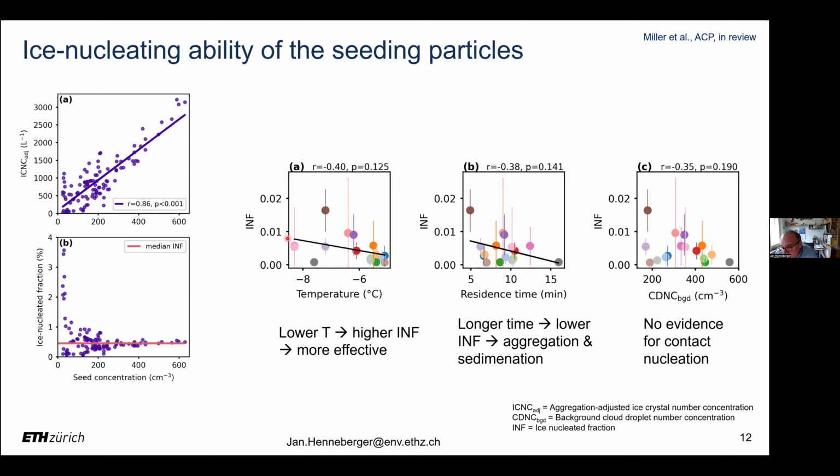We see with longer residence time a lower ice nucleated fraction, and think that is a measurement artifact because aggregation removes ice crystals, sedimentation removes ice crystals, and at some point also the aggregation adjustment is not accurate anymore. And we saw no evidence of a connection or correlation to cloud droplet number concentration. And for us, the conclusion is that we have no evidence for contact nucleation.